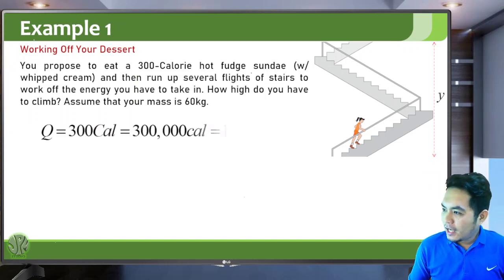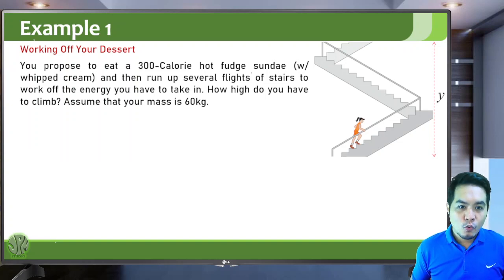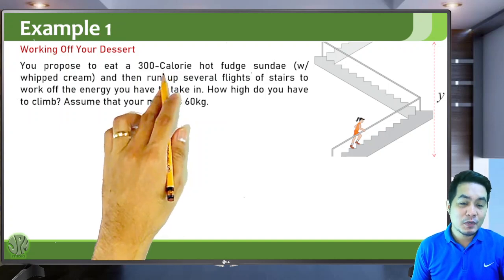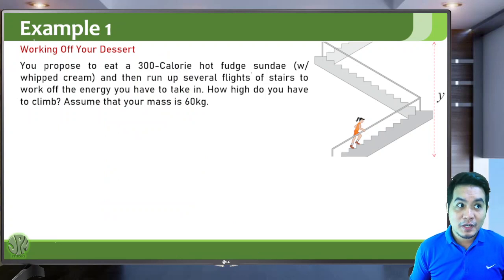I forgot to mention, or I think we have mentioned it before when we discussed quantity of heat, that one food calorie, with the capital C in Calorie, is actually a food calorie. When you encounter calories regarding food, that's a food calorie, and that's equivalent to 1,000 heat calories, or 1,000 calories with a small c.